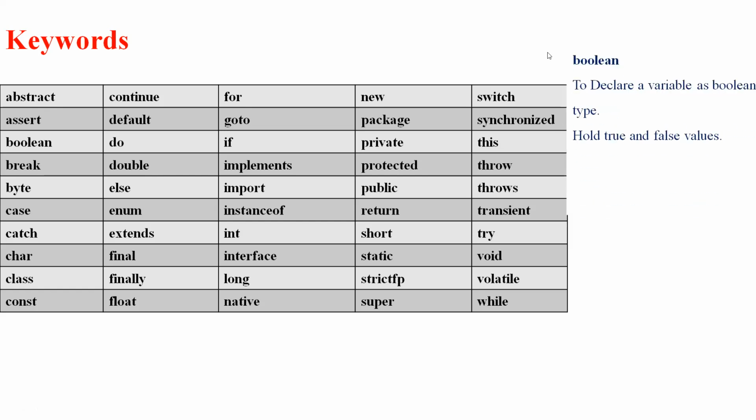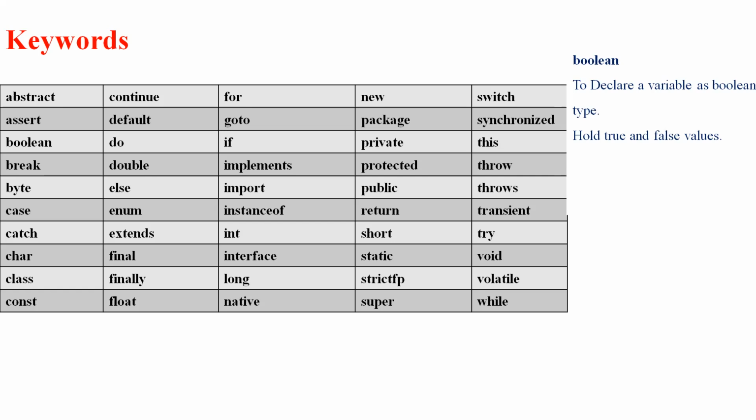Next we have the keyword called boolean. This is a type that can only store either the value true or the value false. We know that a Boolean condition is either true or false. In order to declare a variable as a Boolean type, we use this boolean keyword, since it holds two different values: true or false.